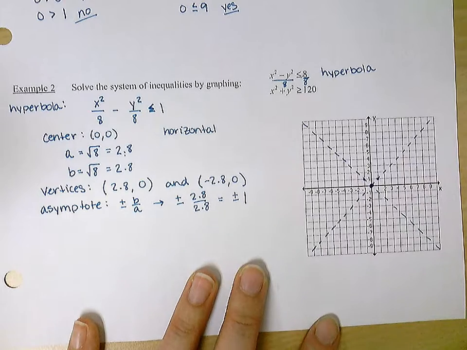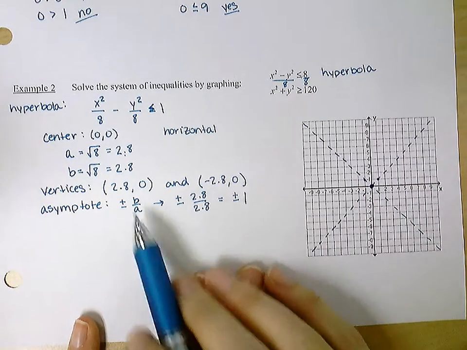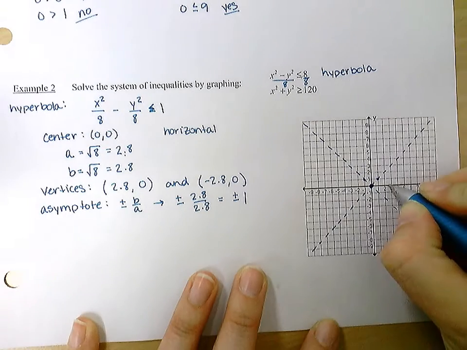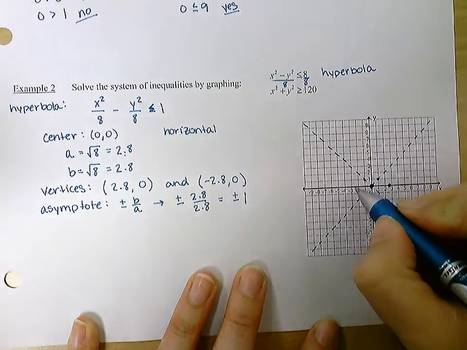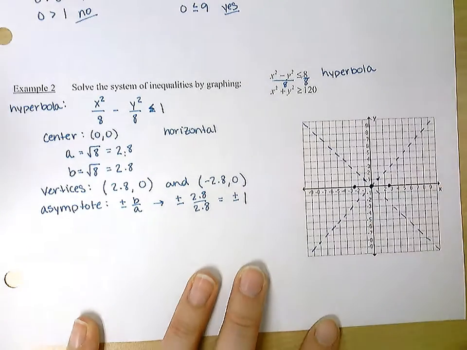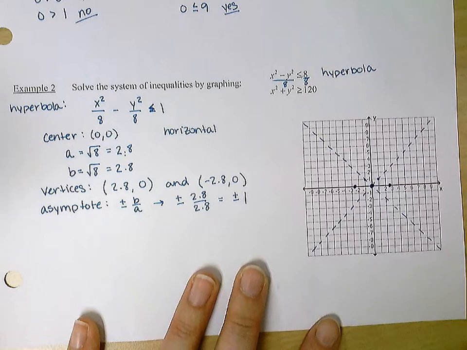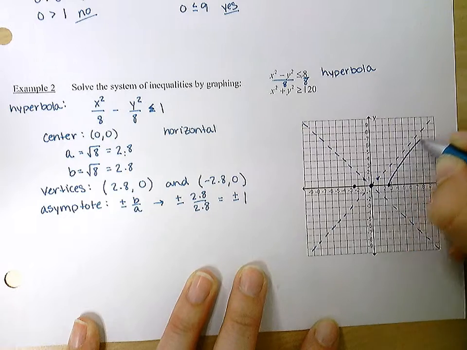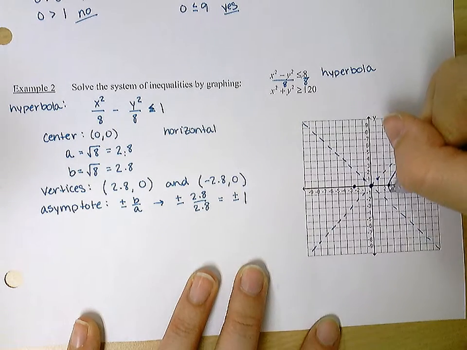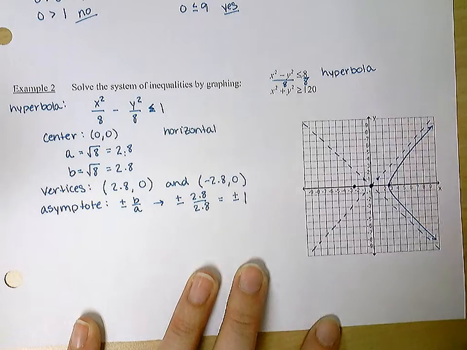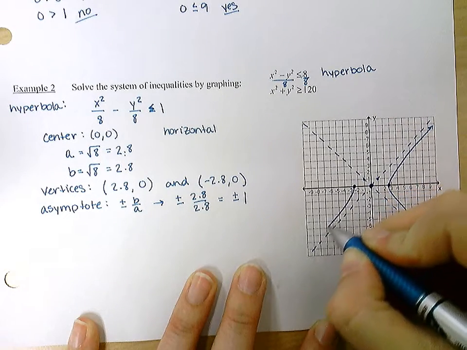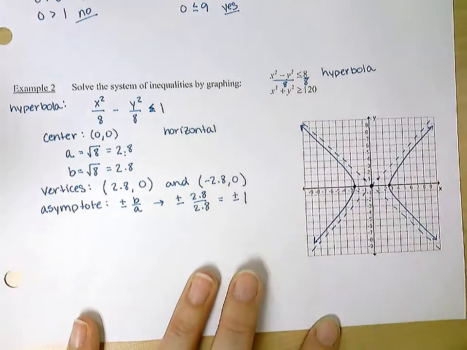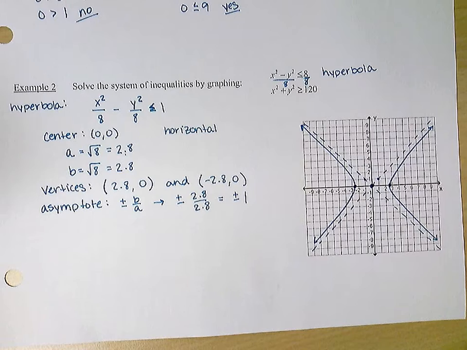Okay, so those are your asymptotes. Then you can plot your vertices. So we have a vertex at 2.8, 0 and negative 2.8, 0. And again, we can then just create those curved lines where they approach the asymptote but never cross. Okay, so that's that hyperbola.